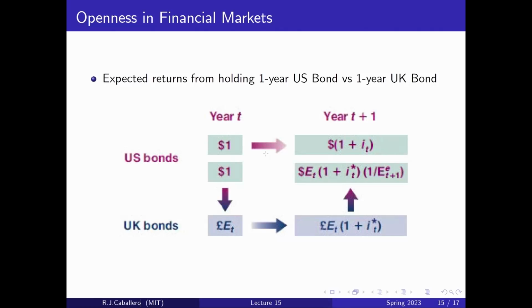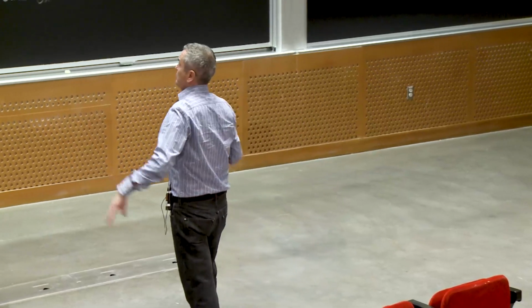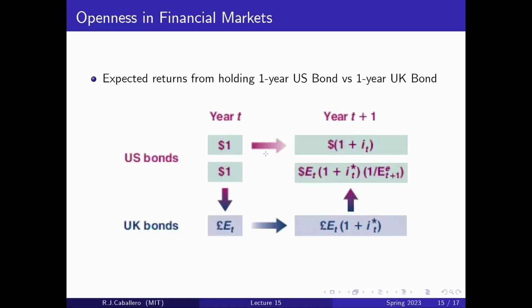Now you're given an option, because we're open to financial markets, to also invest in a British bond, a pound bond, that is as safe as the US bond, say. We're going to call that the UK bond. And I know, for example, that the UK bond is offering a 10% interest rate. So suppose that i star is 10%.